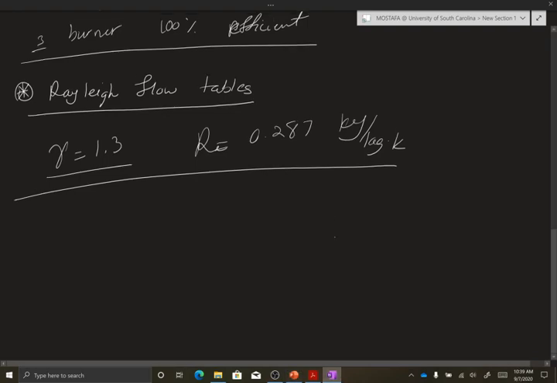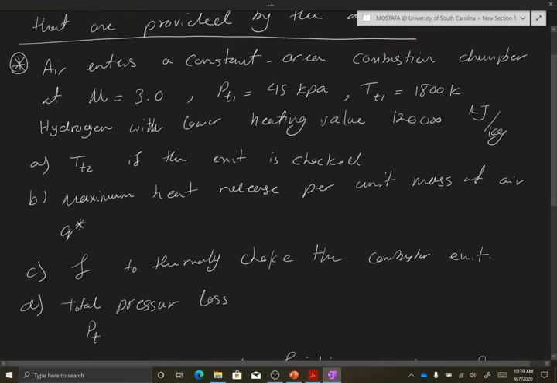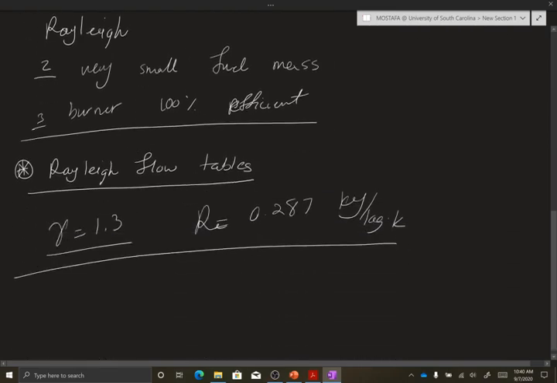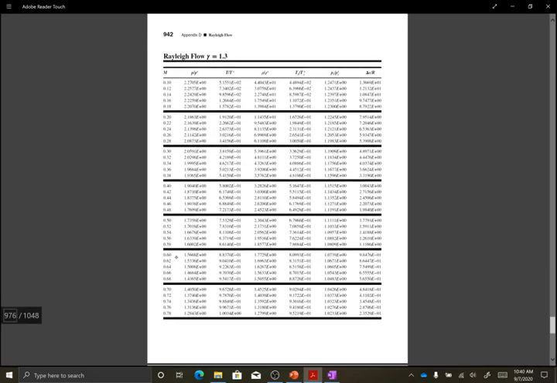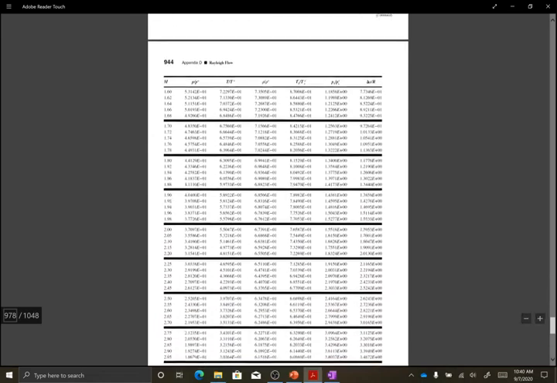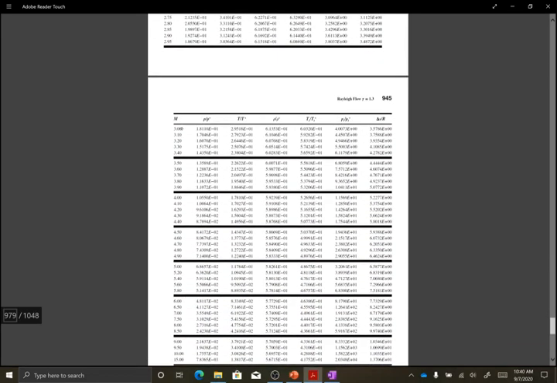We can use this table for the inlet condition. The inlet condition is M equals 3. So for M equals 3, you go to the Rayleigh table. You have the pressure ratio, temperature ratio, density, total temperature, and total pressure ratio.